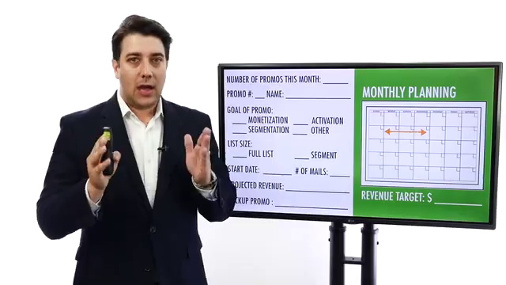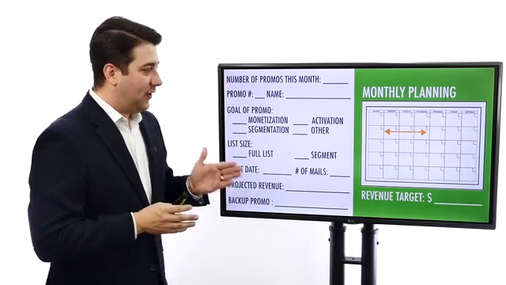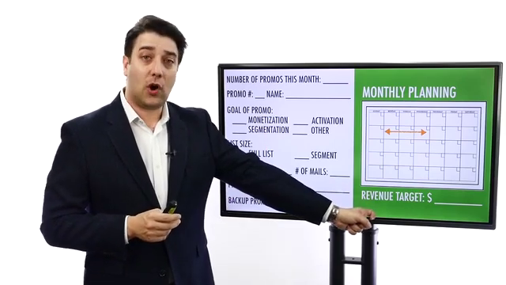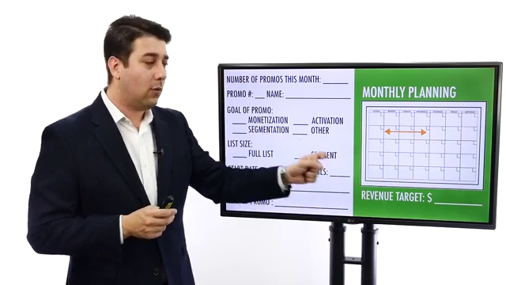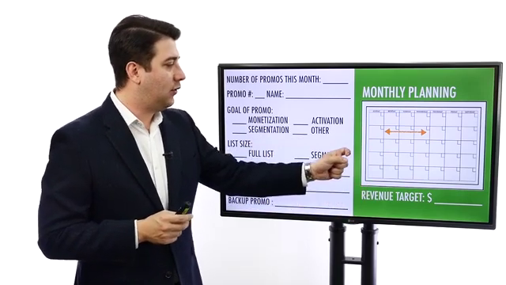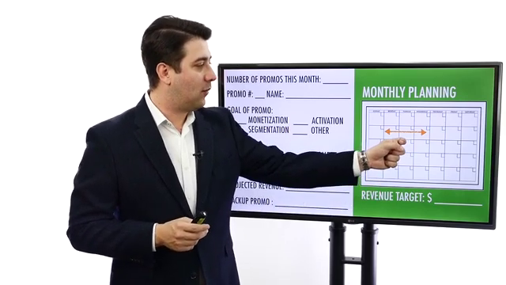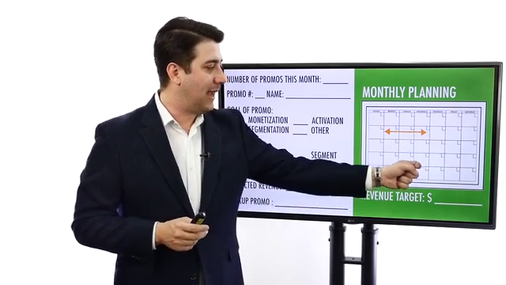Have a backup promotion, something that you believe will either hit the revenue target or will allow you to hit a different target to rebound later in the month, right? So if this campaign's not working, I have a monetization campaign here.